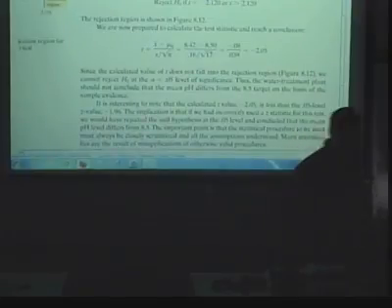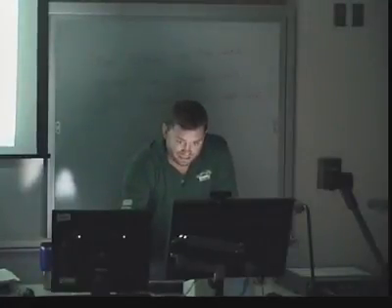Oh, it was given to us at the beginning of this. Look, here's my X bar and S. 8.42 and 0.16. So that's what I plug in for X bar and for S. N is 17, so it's square root of 17.